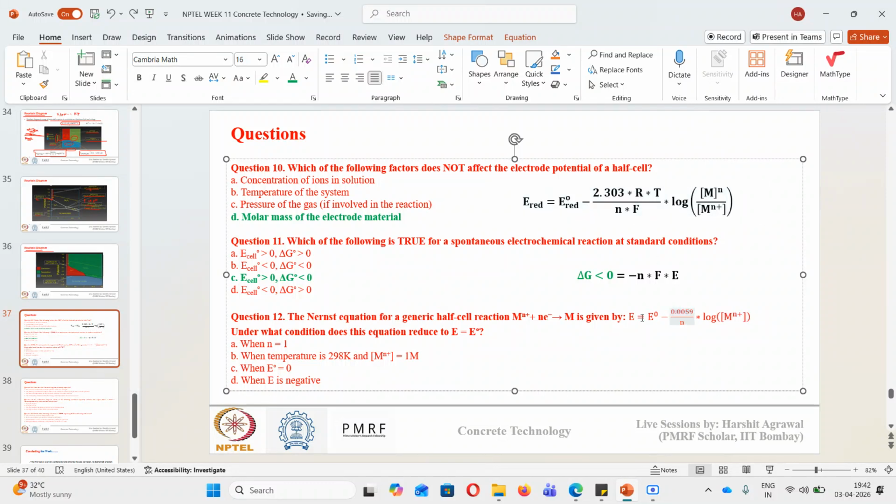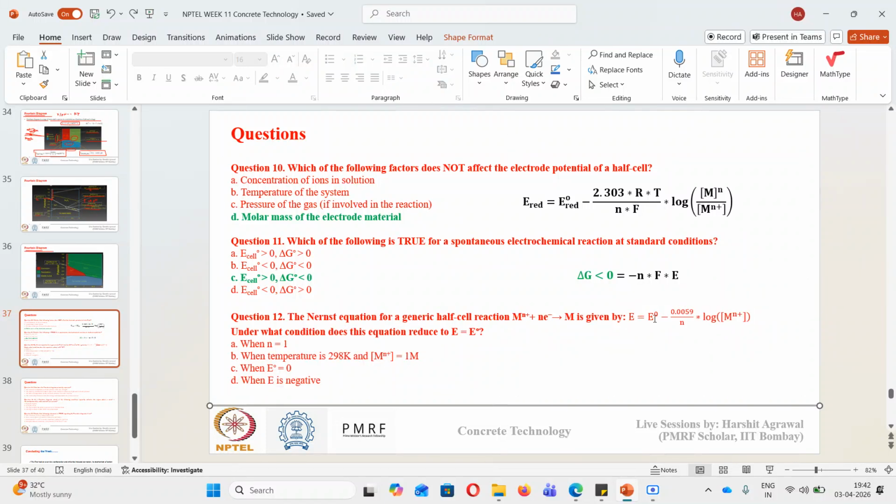That's why we alternatively write the Nernst equation as minus 0.0591 upon n. For this equation given for a half cell, when will E be equal to E naught? Under what condition will E be equal to E naught? Can anyone tell me?